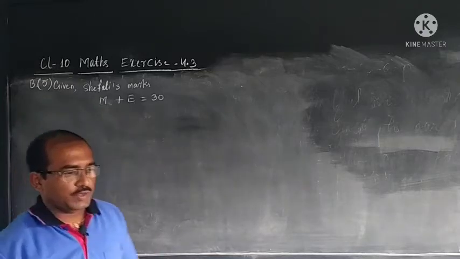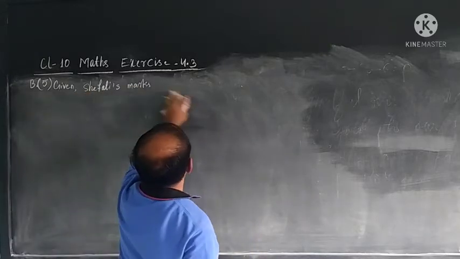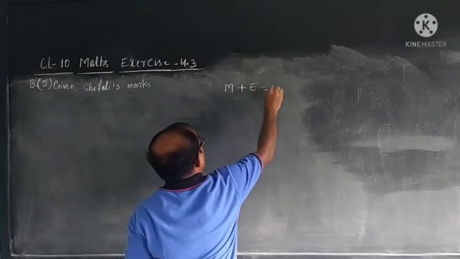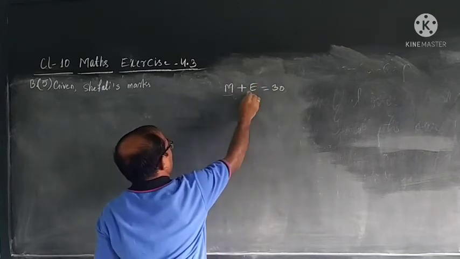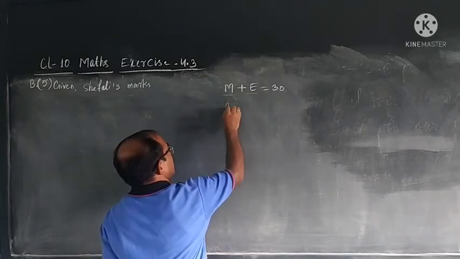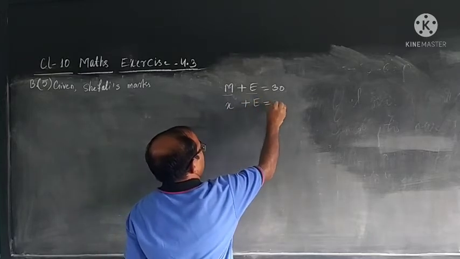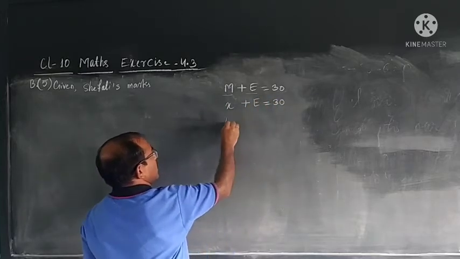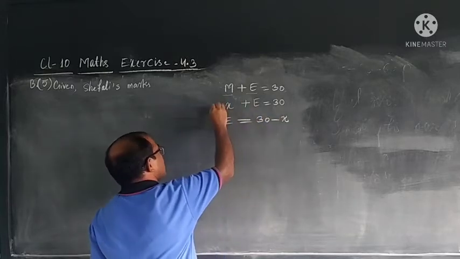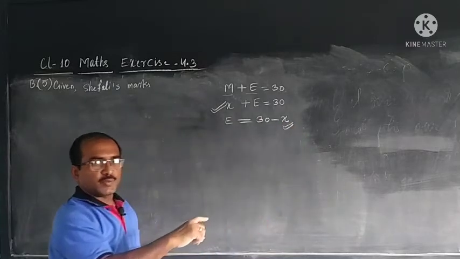This part we will do on the rough side, so that a fresh solution we will start. Maths plus English, she scored 30. We do not know any subject's marks, so we will consider any one subject. Let maths she scored X. So, in English how much will she score? English will be 30 minus X.